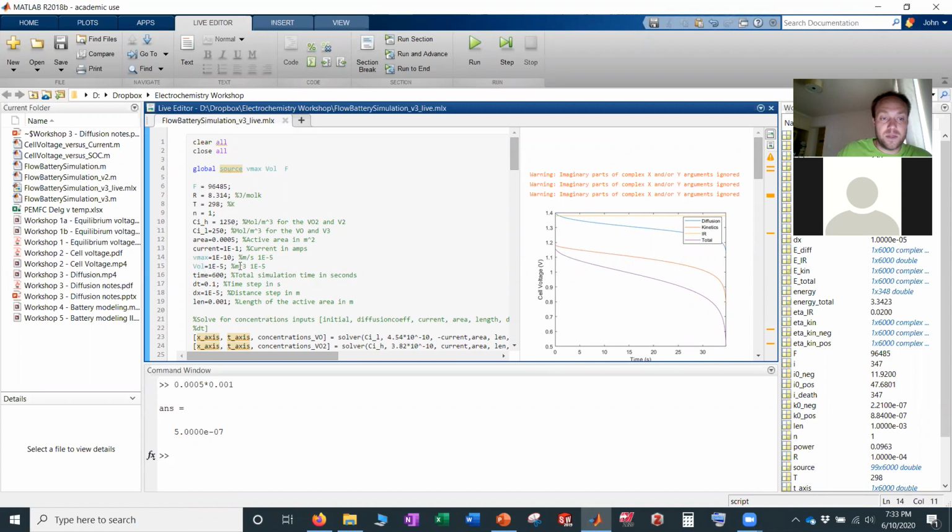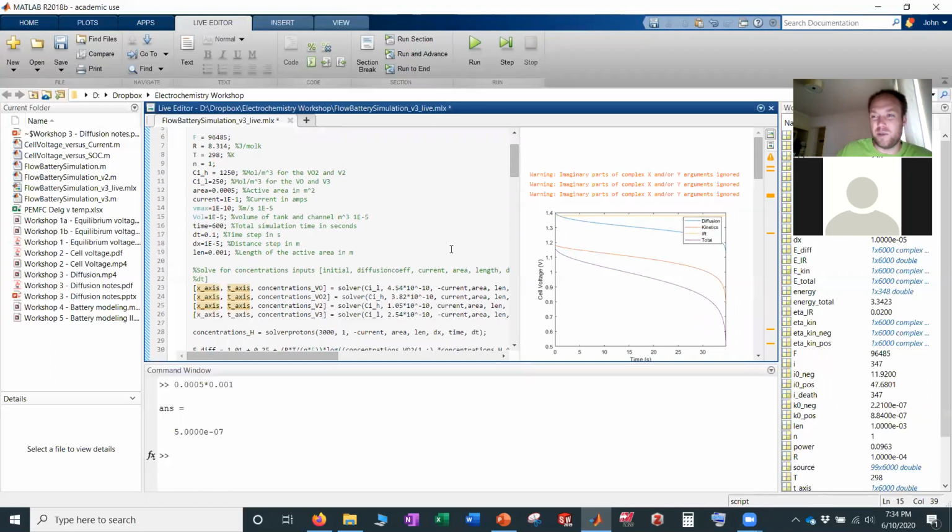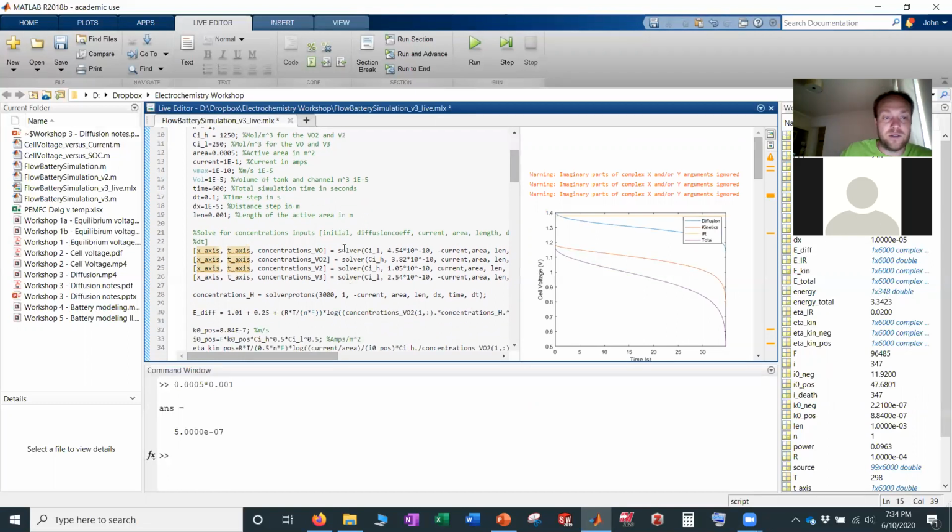So this is the volume of the tank and channel. We'll just say it's the volume of those two combined, roughly, although the channel volume should be much smaller than the tank, so it should be close to the tank basically. But if we include this actual channel we're modeling in there, we can just say this will be the volume for everything.